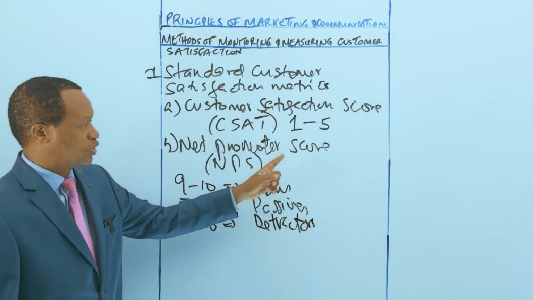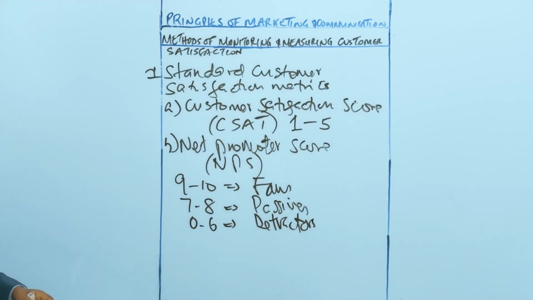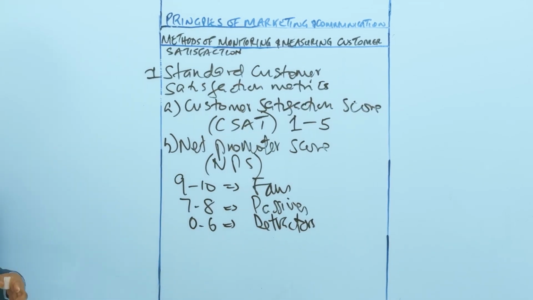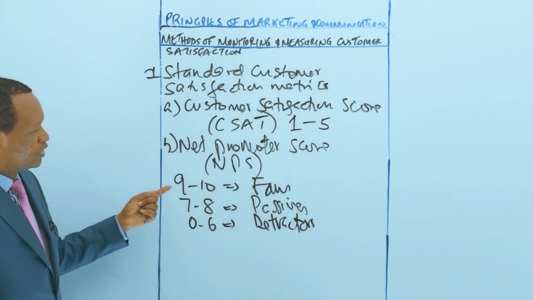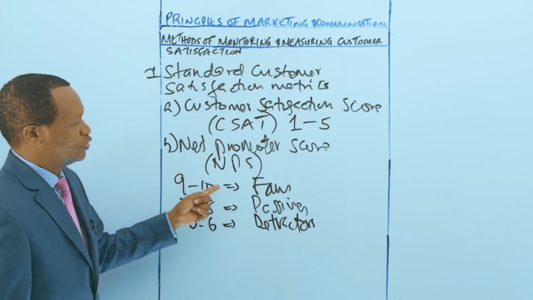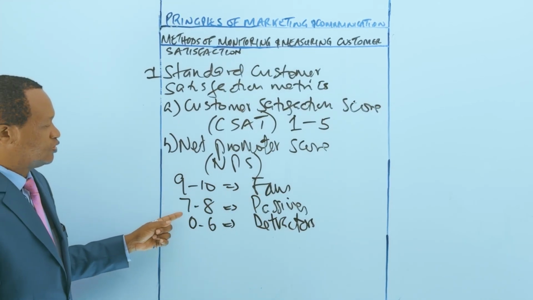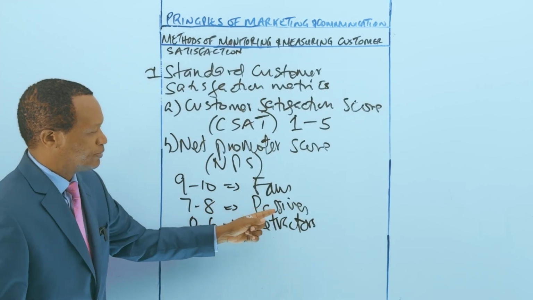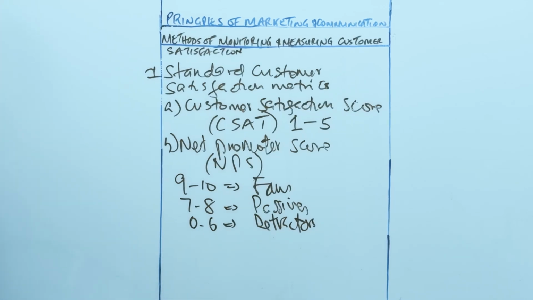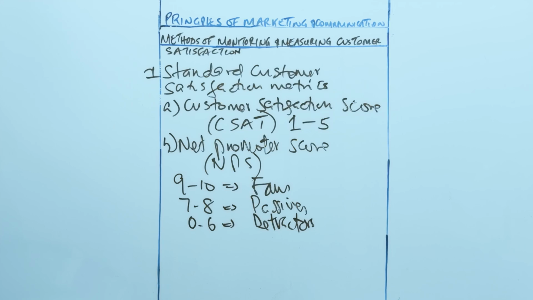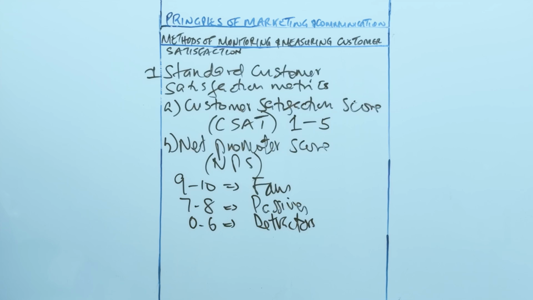You may ask your customers, how likely are you to recommend us to a friend or a colleague? Out of a score of 10, those who give you 9 to 10 are your fans. Those who give you between 7 and 8 are passives. Then 0 to 6 are detractors, these are unhappy customers.